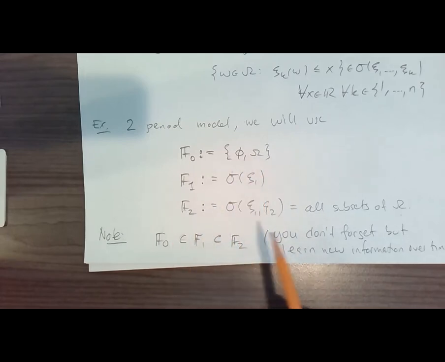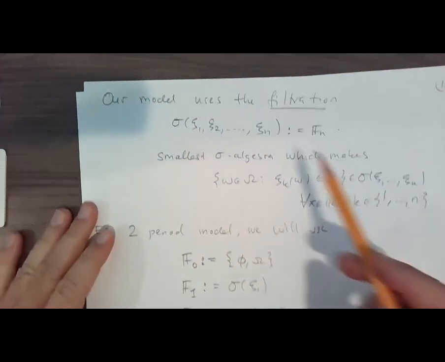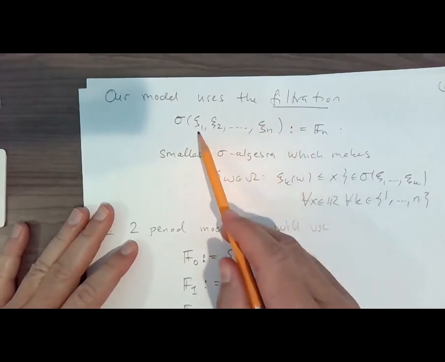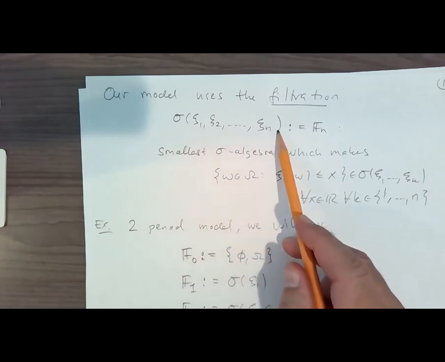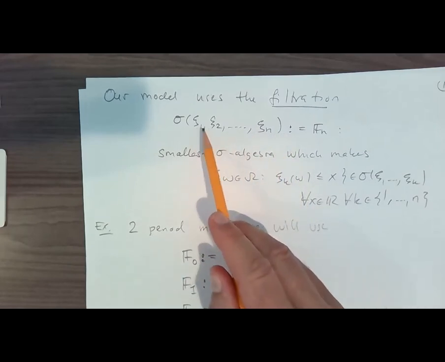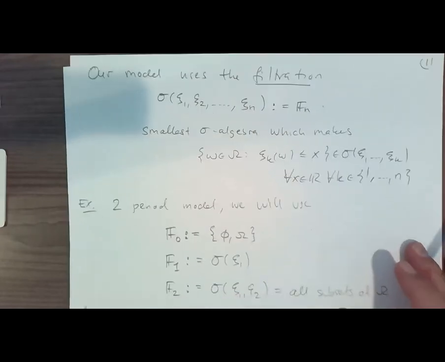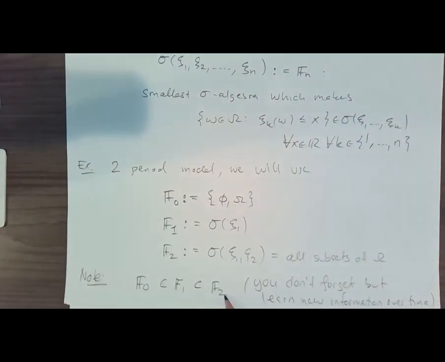And then over time you learn more and more and more, and this is captured by this inclusion that we're seeing here, that F2 contains more information than F1 and so on. The same thing is true in general. This sigma algebra means that you have seen the first n conflicts, right? And if you've seen n conflicts, you've seen more than just the first conflict and the first and second conflict and so on. So these filtrations are increasing in the index that we have down below.